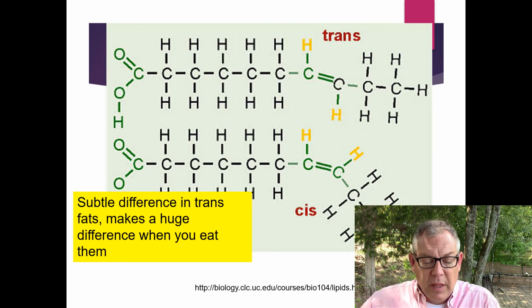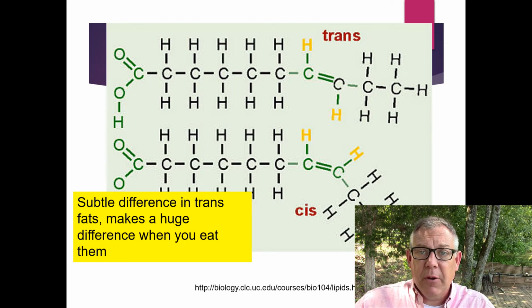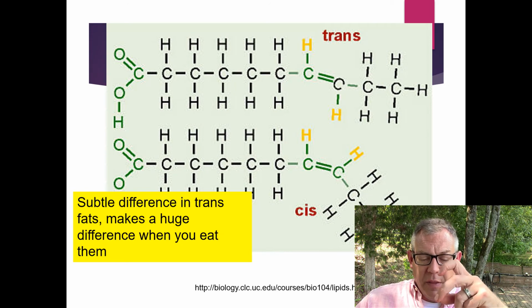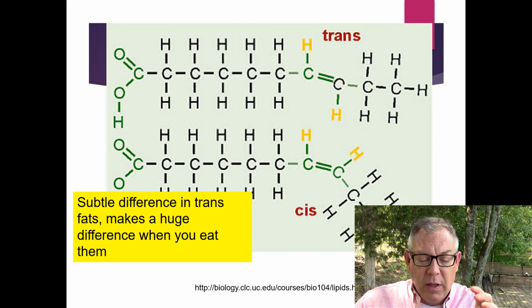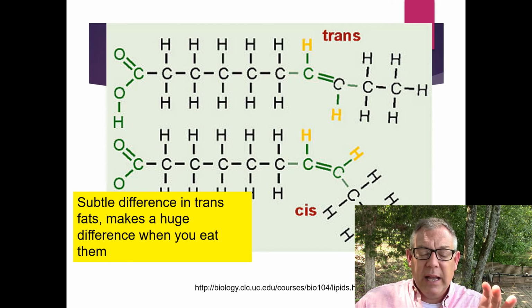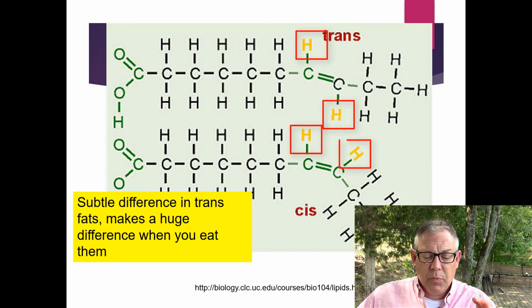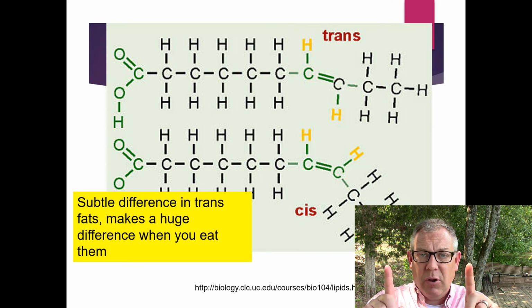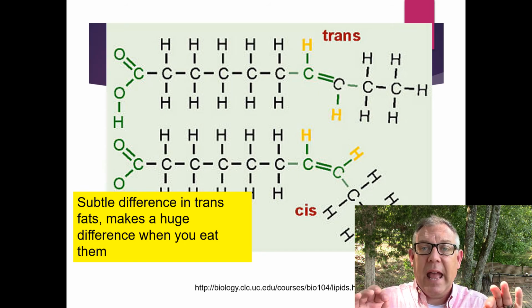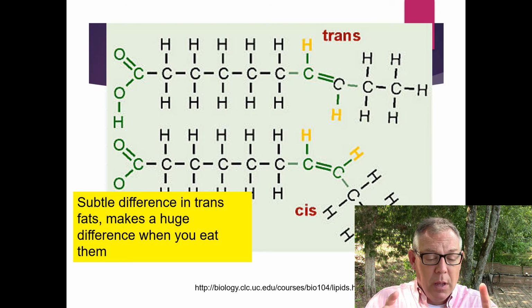You notice that in both of these fatty acids in this diagram, you've got that double bond, and the tail's kind of kinked. But if you look at the hydrogens that they've highlighted in yellow on this picture, on one, the hydrogens are on the same side of the double bond, and that's a cis fatty acid.